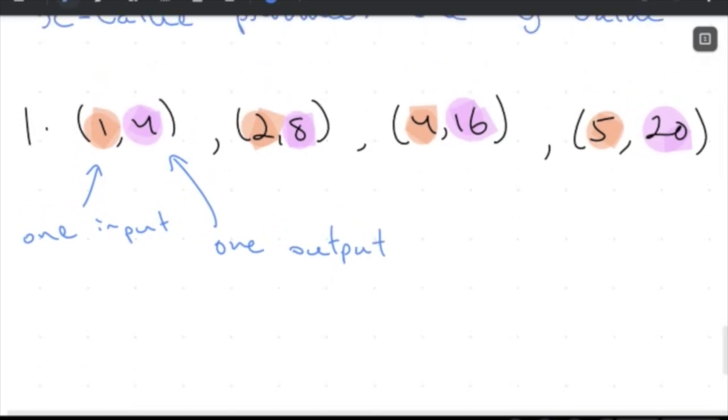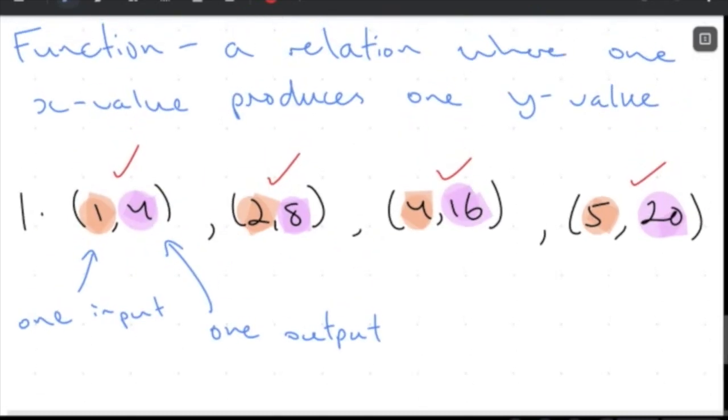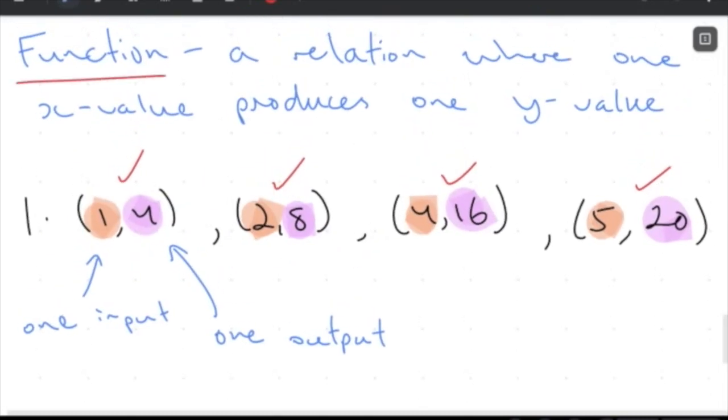And I get this for all of these points. So 1 x produces 1 y here, 1 x produces 1 y, and so on and so forth. Now, since this is true for all of these points, we can say that this obeys the definition of a function.